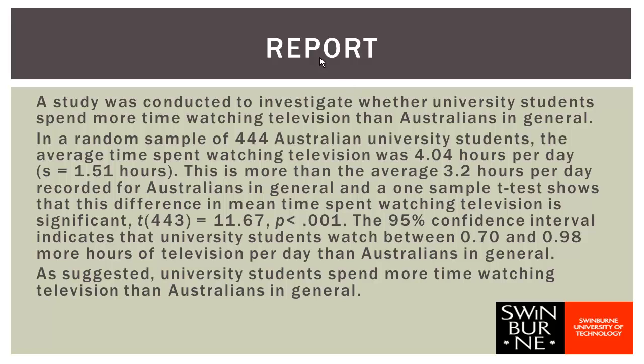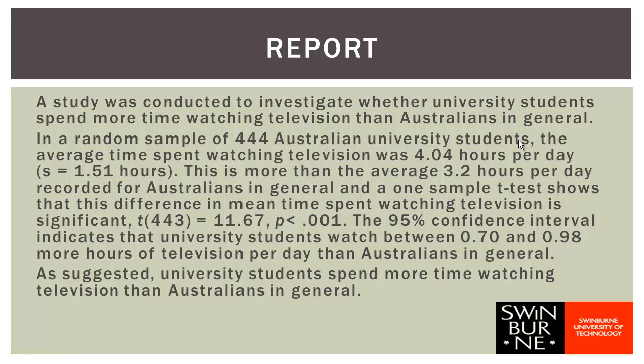We start with our introductory sentence. A study was conducted to investigate whether university students spend more time watching television than Australians in general. So there's our research question. We then talk about the sorts of people that are in our sample. So in a random sample of 444 Australian university students. So we've given the sample size and what sorts of people we've included in the sample.